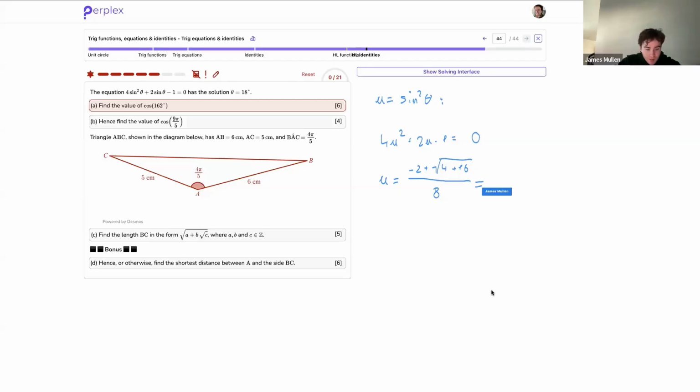So this gives me minus 2, and then plus or minus square root of 20 is plus or minus 2 root 5, over 8, or in other words, minus 1 plus or minus root 5 over 4.